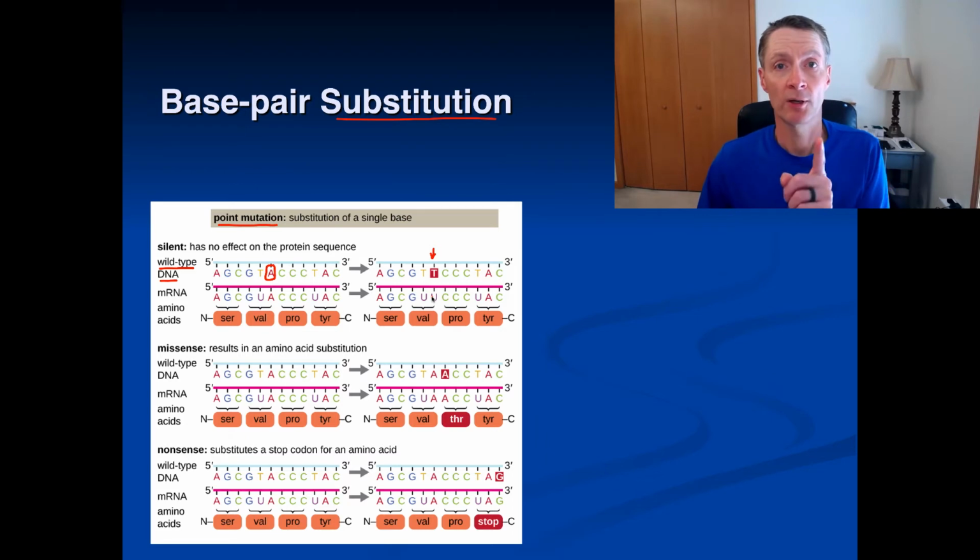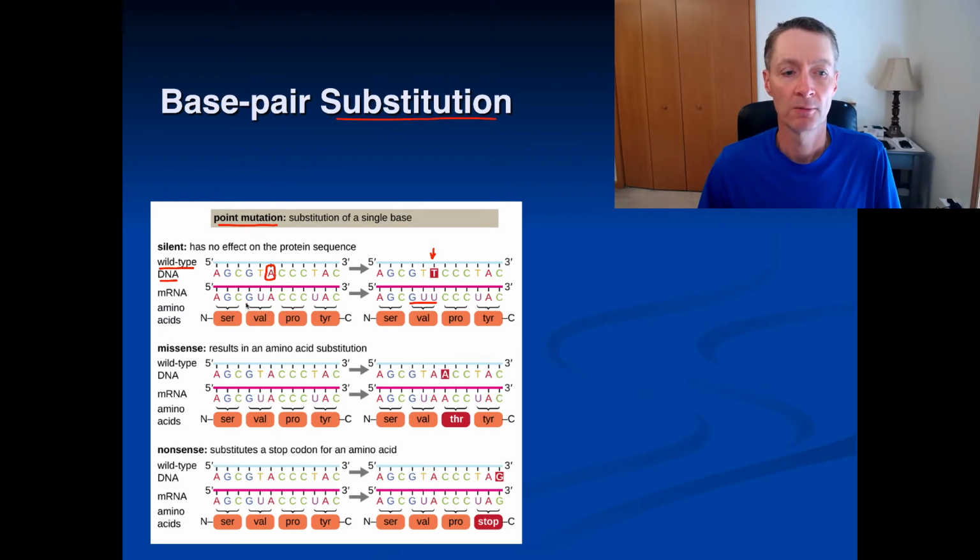Now, if you look at your chart and look to see what G, U, U gives us, well, lo and behold, it gives us exactly the same valine. No real change to the protein has taken place. If a mistake like this is made, there would be no change to the function of that particular resulting product.